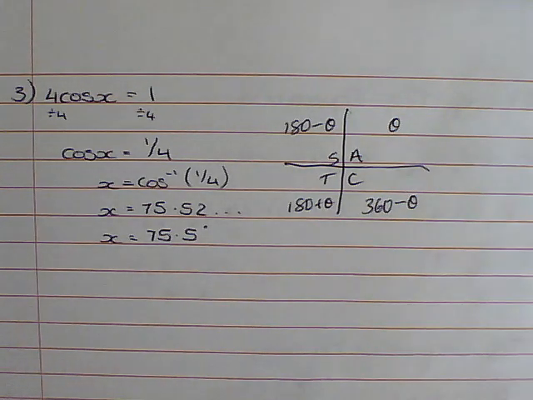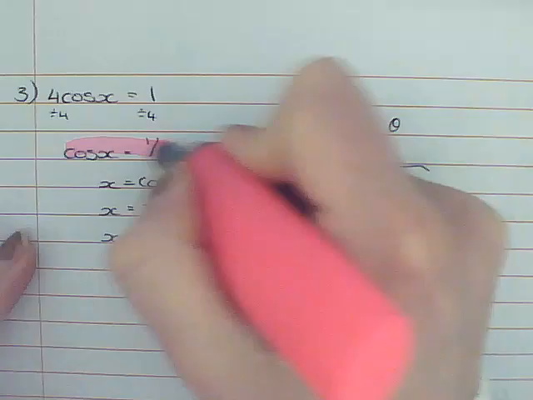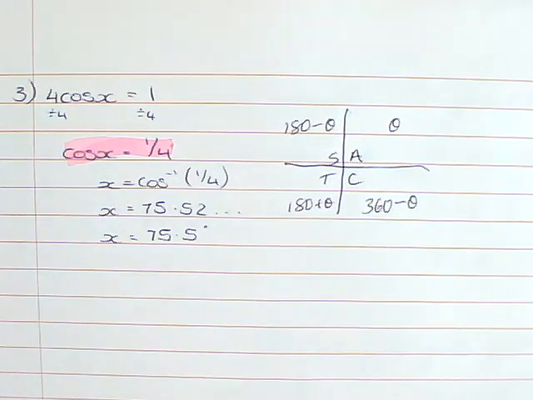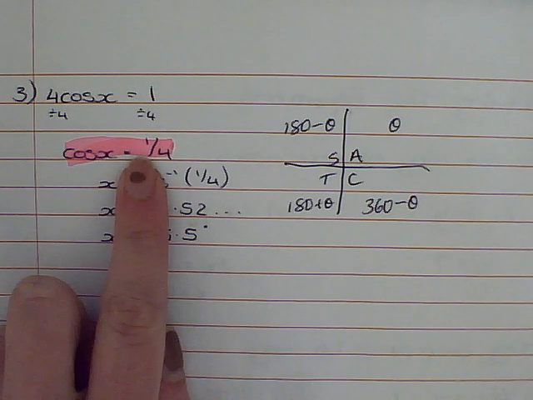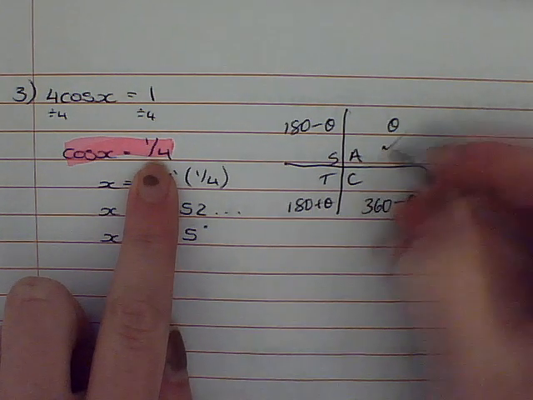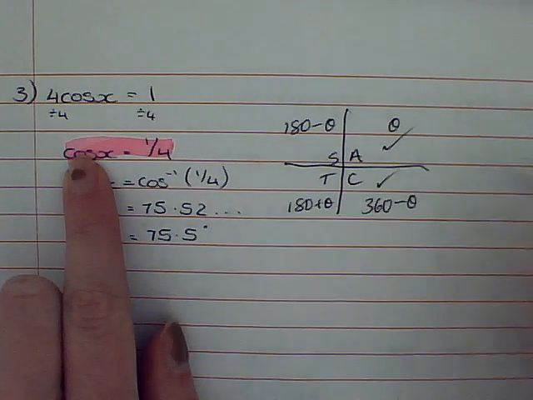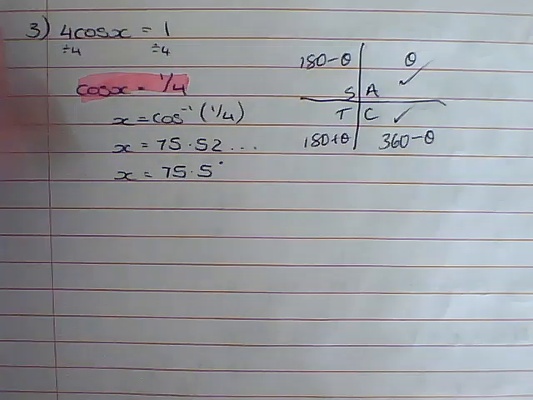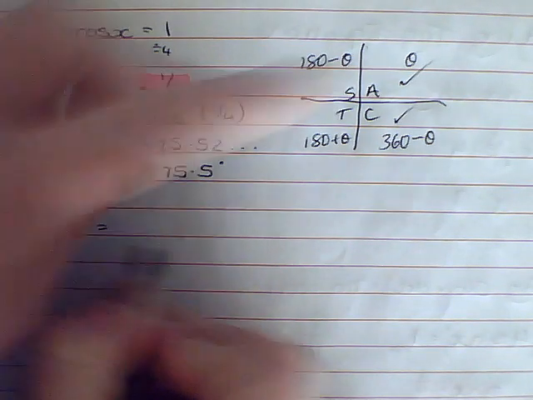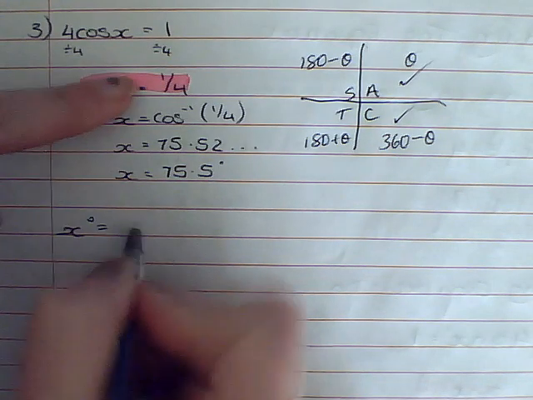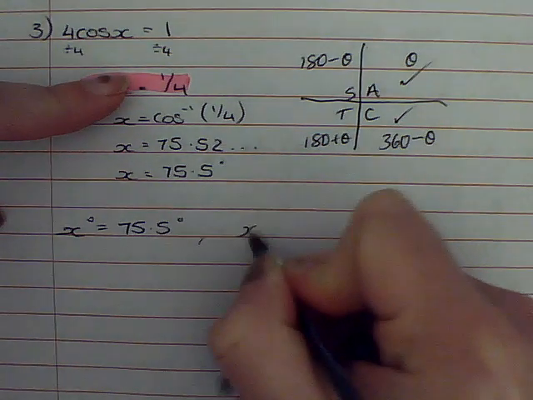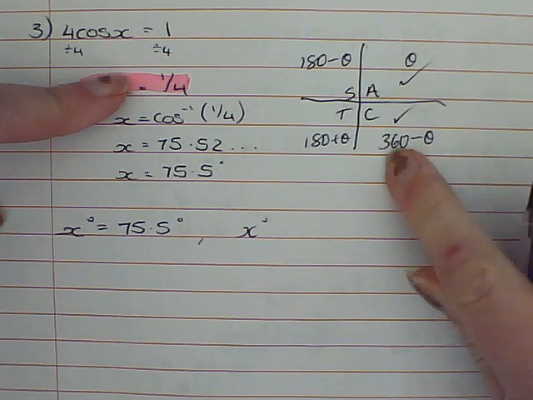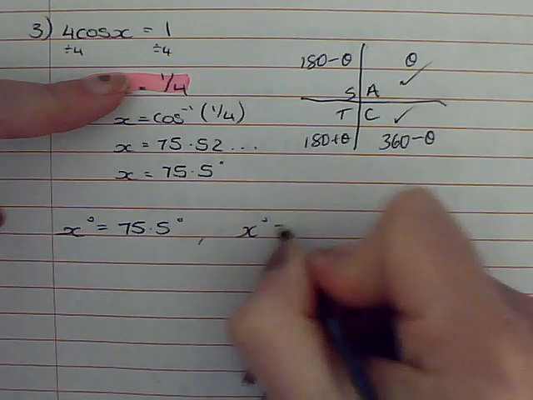And we're looking at that cos x equals a quarter part. This quarter, this fraction is positive, there's no negative in front, so I'm ticking A, and it's cos, so I'm ticking C. So my angles are going to be the angle itself, which is 75.5, and the other angle at C is going to be 360 subtract.